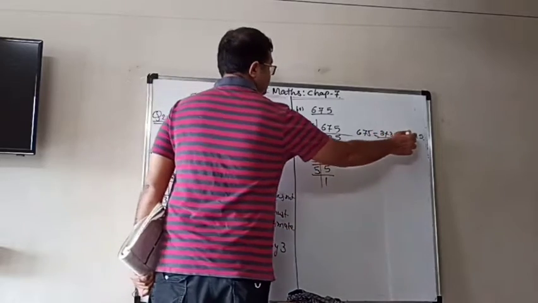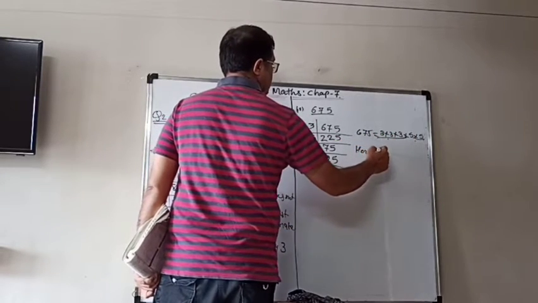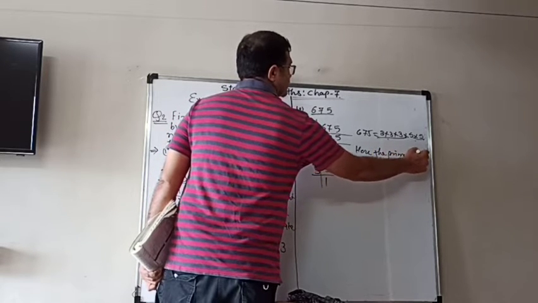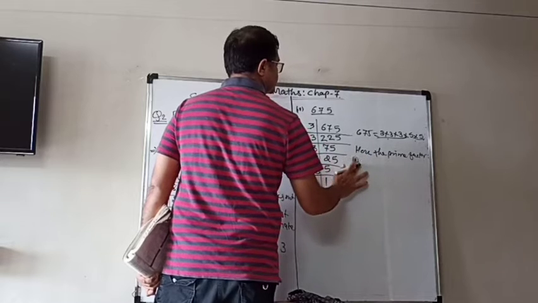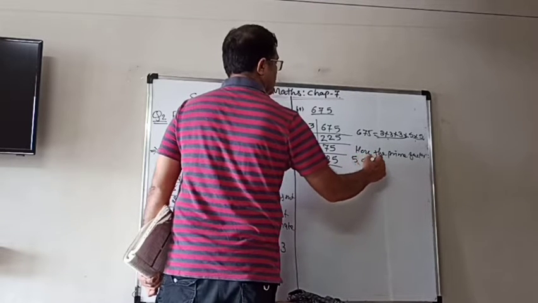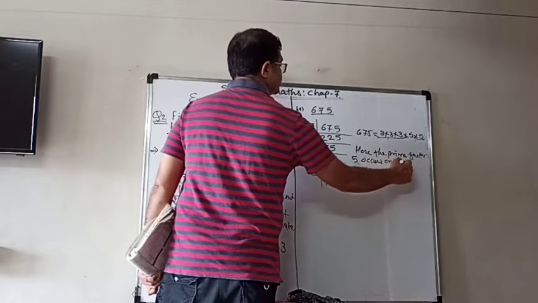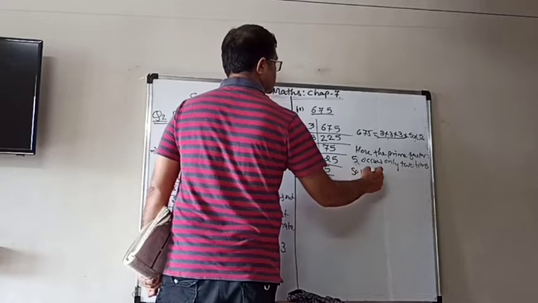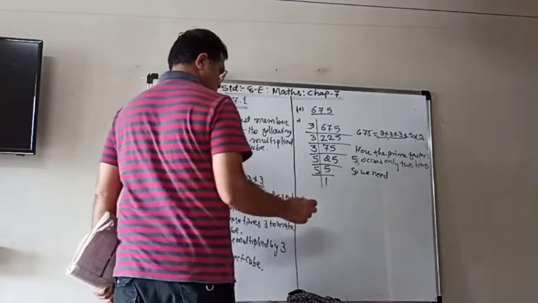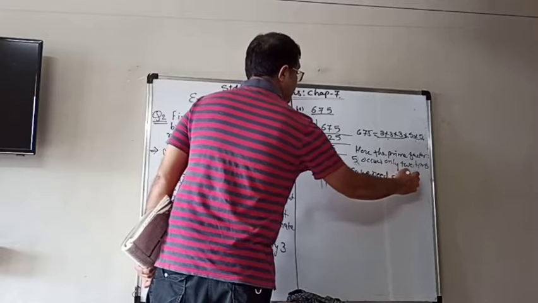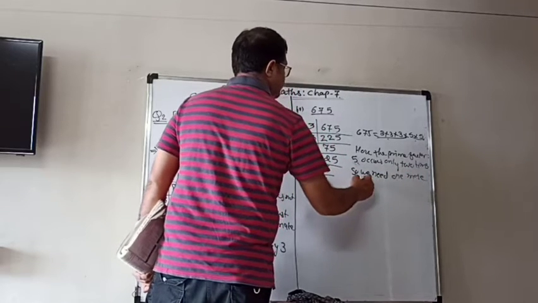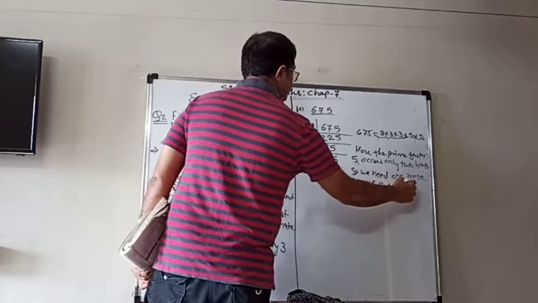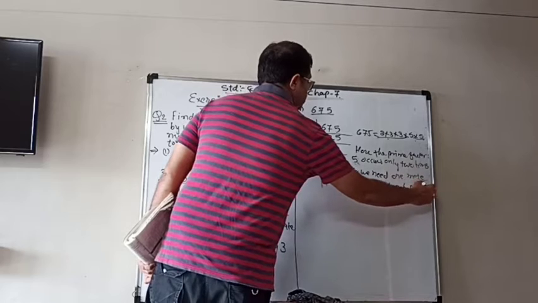So here you can see that the prime factor 5 occurs only 2 times. So we need one more 5, one more time 5 to get a perfect cube.